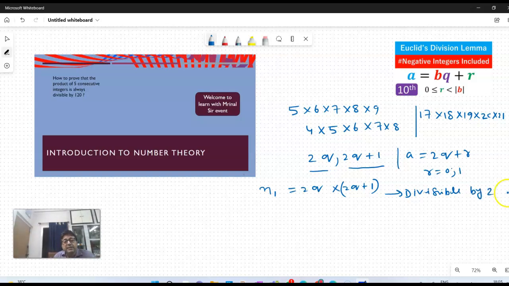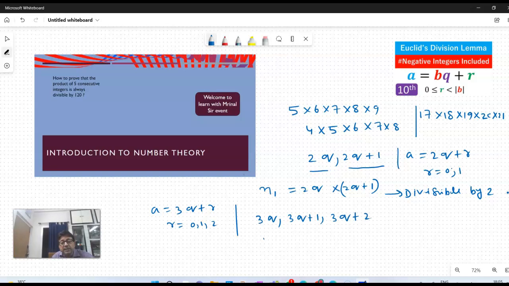Now if you consider divisibility by 3, then integers can be taken in this form: a equal to 3q plus r, and r by Euclid's division lemma will be 0, 1 or 2. This time, instead of taking 2q, 2q plus 1, we can take integers of this form: 3q, 3q plus 1 and 3q plus 2.